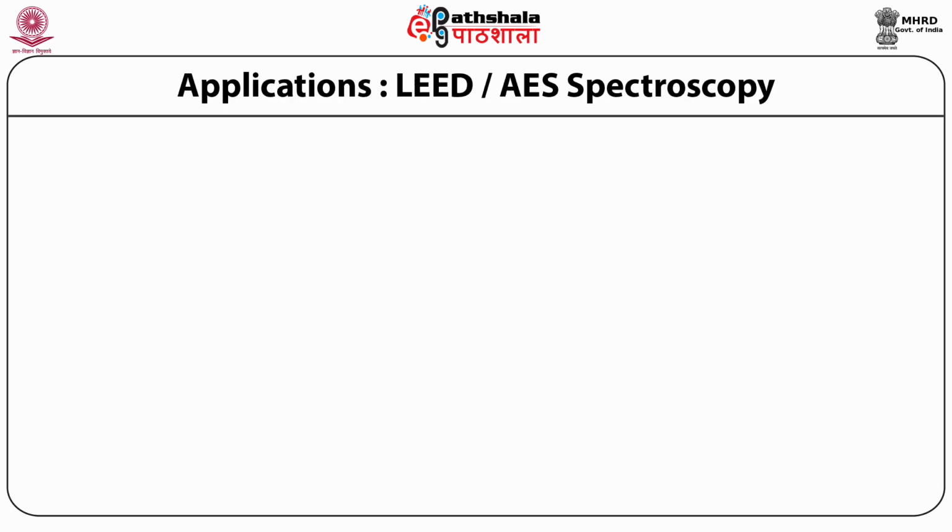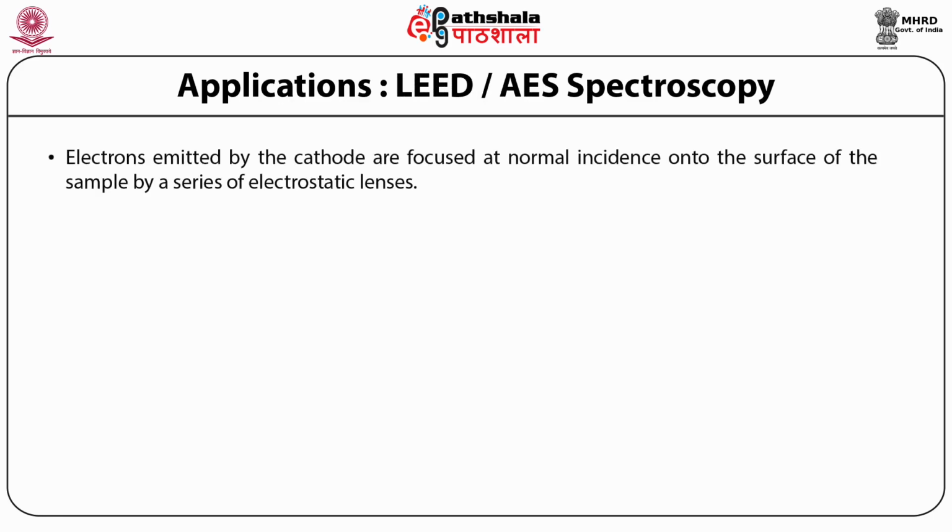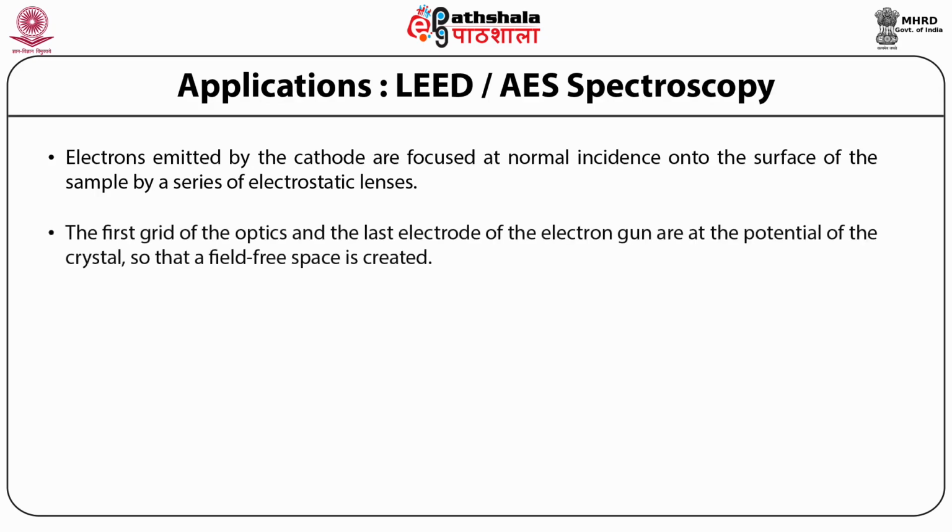In LEED AES spectroscopy, electrons emitted by the cathode are focused at normal incidence onto the surface of the sample by a series of electrostatic lenses. The first grid of the optics and the last electrode of the electron gun are at the potential of the crystal, so that a field-free space is created.